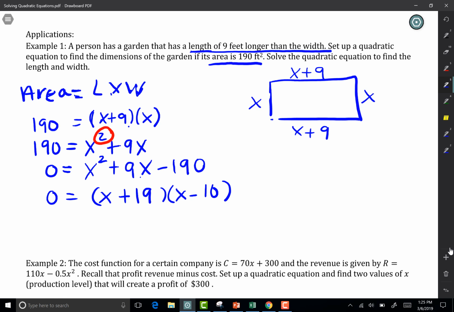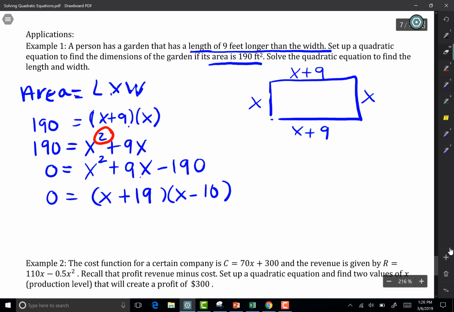Now, if you don't like factoring, you can use the quadratic formula or complete the square or some other method that we talked about. Once we have it factored, then we can set up our little mini equations and say x plus 19 is equal to 0, so x could be negative 19. Or I could say x minus 10 is equal to 0, which means x could be equal to 10.